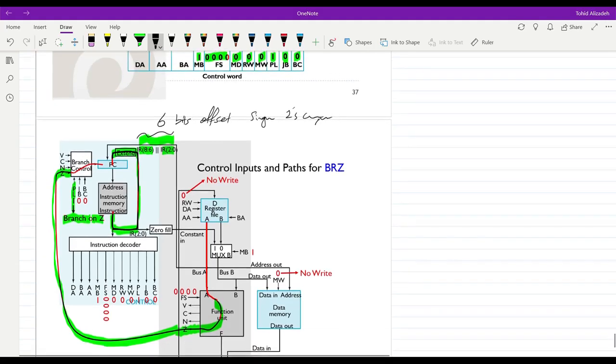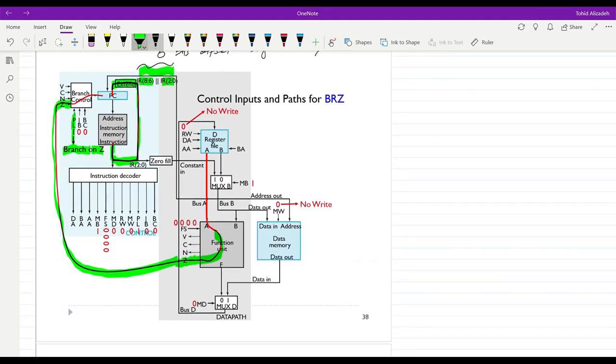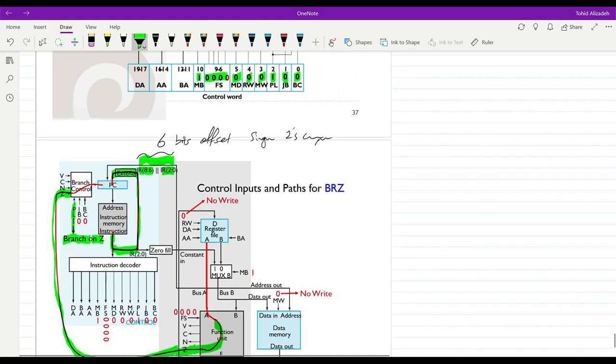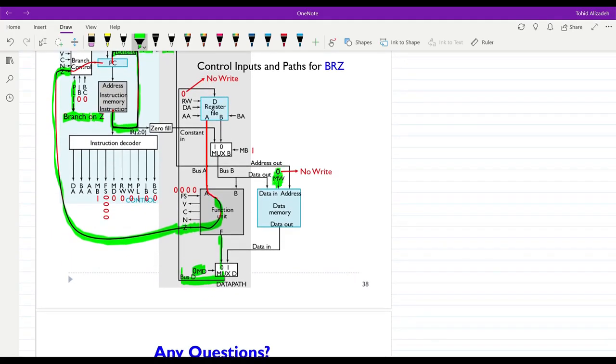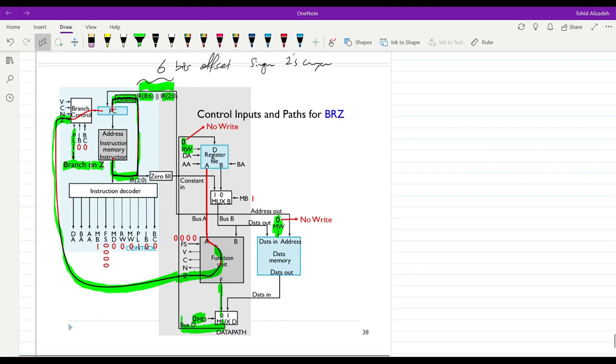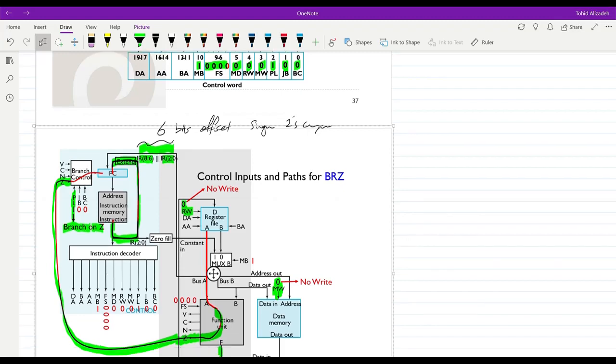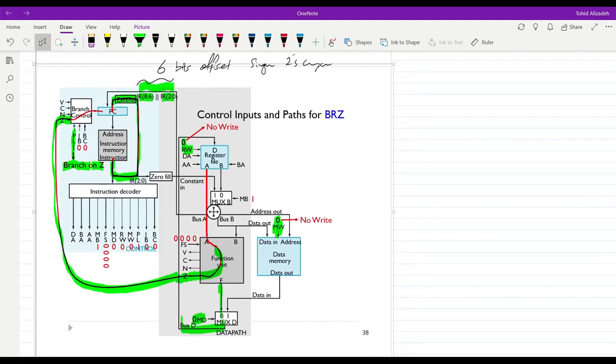Regarding the other control bits, we have MD equal to 0, meaning that this line will be passed, even though it is not important for this instruction. Memory write is equal to 0 in order to prevent writing anything into the memory, and RW is also equal to 0 in order to prevent writing any data into any register. And JB and BC are also equal to 0 because here we have the branch on 0.